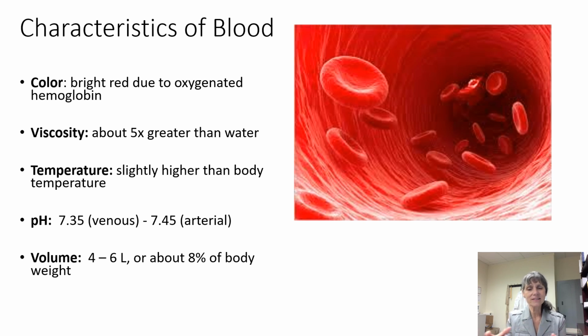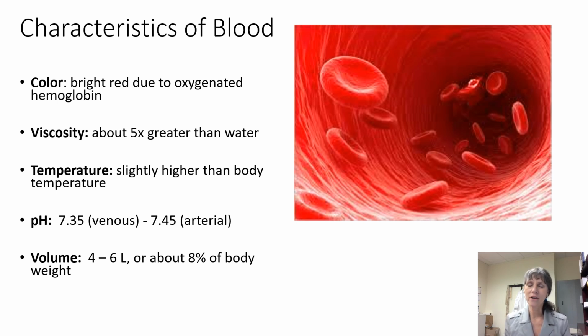However, venous blood is that return in the system that's coming back to the heart so it can go back to the lungs to get more oxygen. So venous blood is not as bright red as arterial blood. And whenever oxygen binds to that iron portion of hemoglobin, that's what turns it that brighter red color.